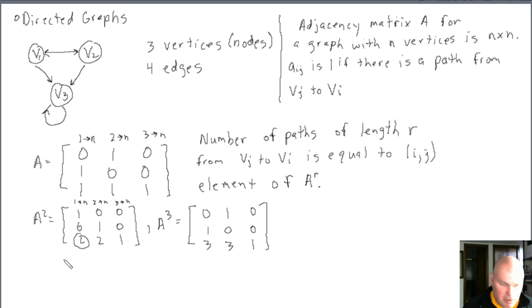So what the 2 here represents is that there are 2 paths of length 2, and this 2 corresponds to the power of the matrix here.